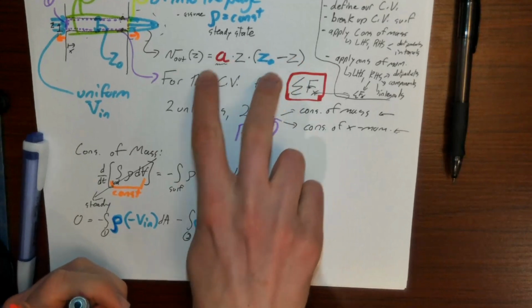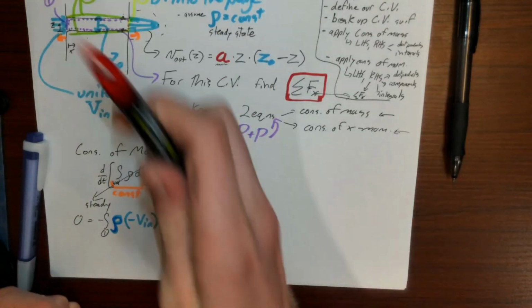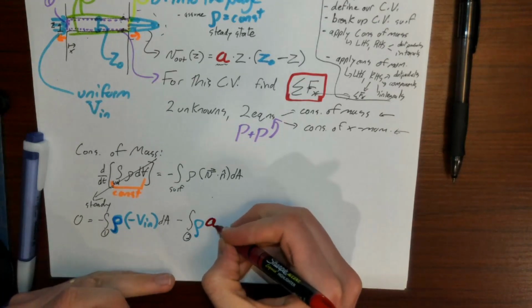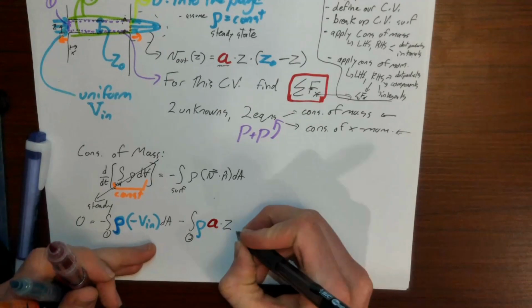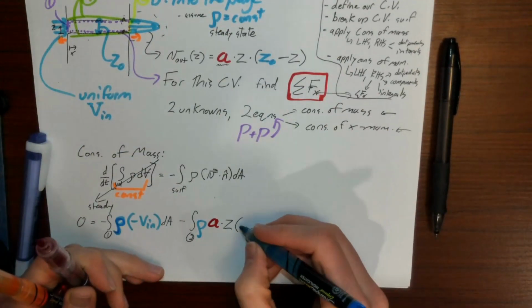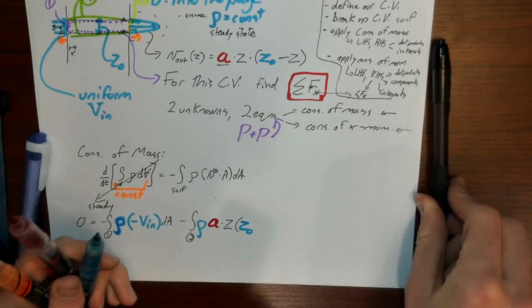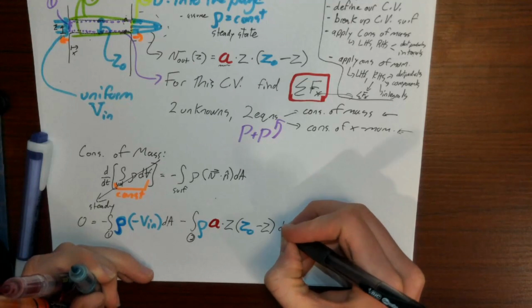So what's that going to look like? It's going to be a times z times z naught minus z dA.